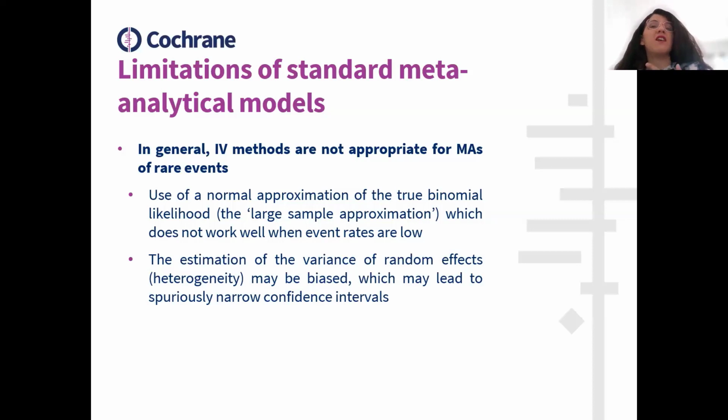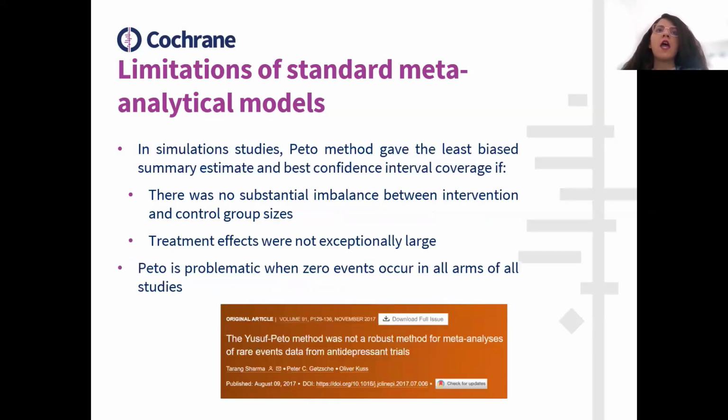The within studies normality assumption does not hold in this case, plus the estimation of the variance of random effects, that means heterogeneity, may be biased, which may lead to spuriously narrow confidence intervals.